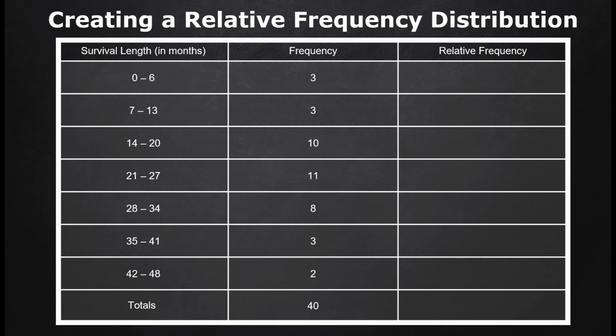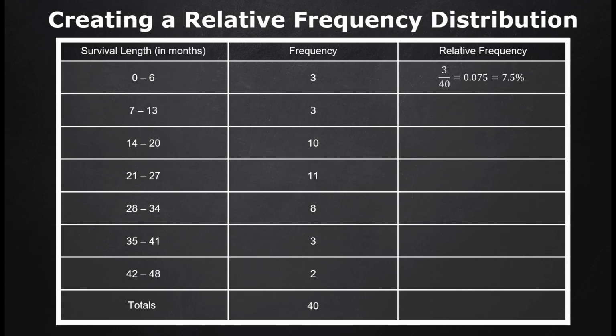Now we're going to go class by class and divide its respective frequency by the total value of frequencies we have. So for the very first class, we get 3 divided by 40, and that gives us 0.075.